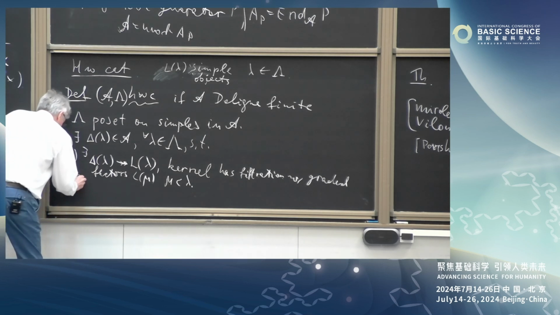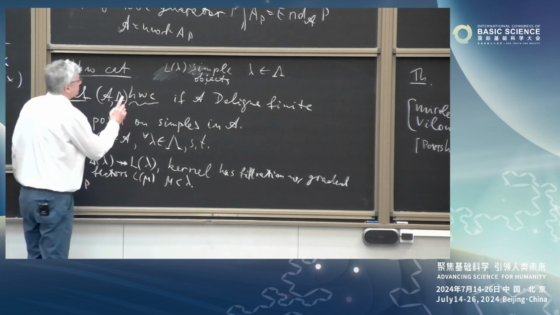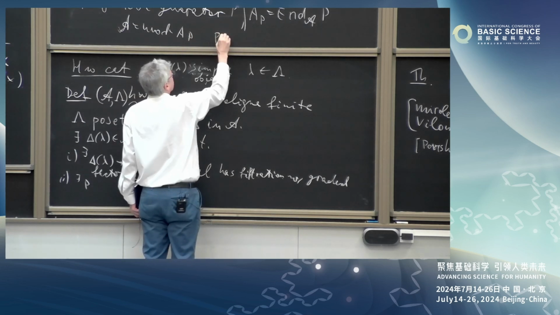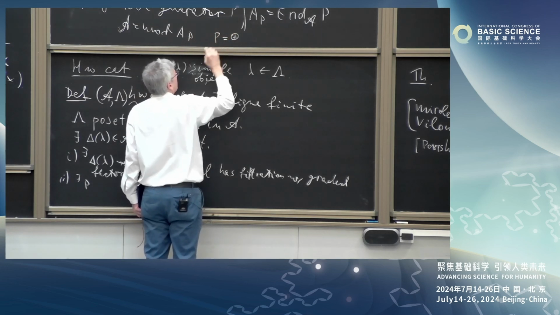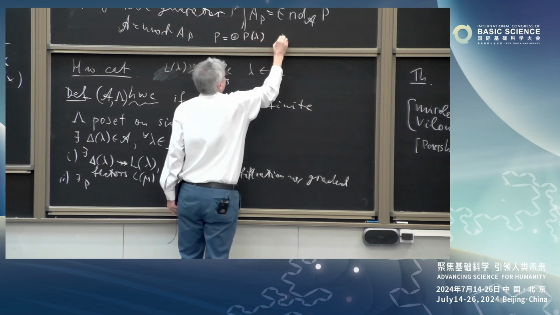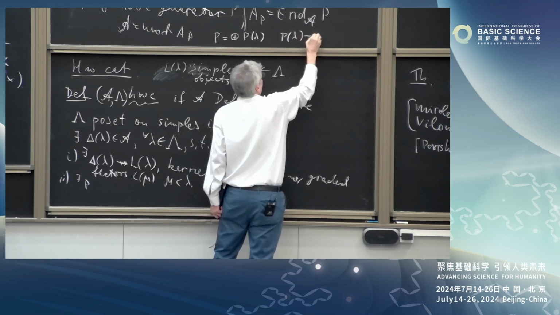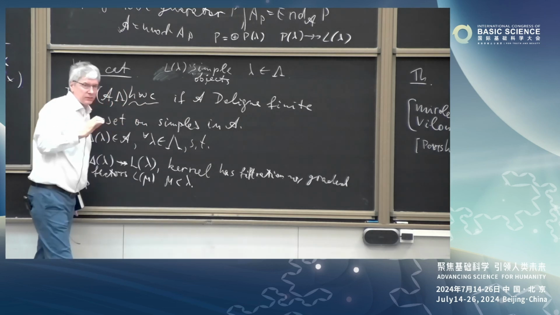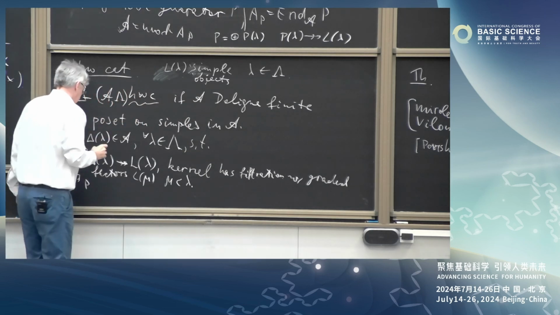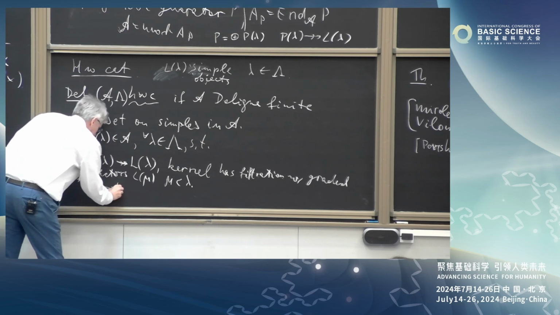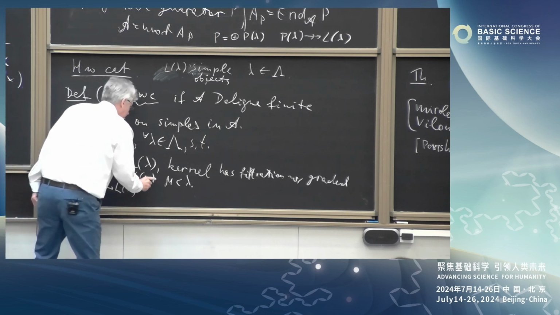And the second condition. There exists, maybe I forgot to say, in this situation we have a projective object, and we take the minimal one, P of lambda, the projective cover of L of lambda. That's the usual story of these abelian categories. So we have this epimorphism from P of lambda to L of lambda.